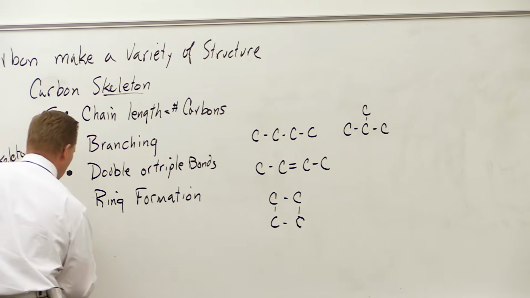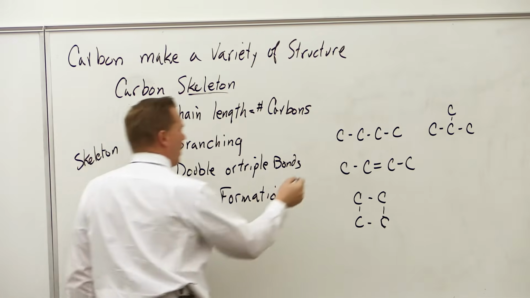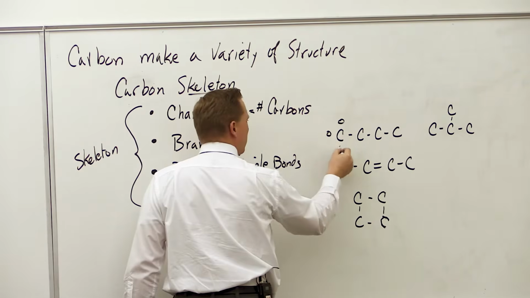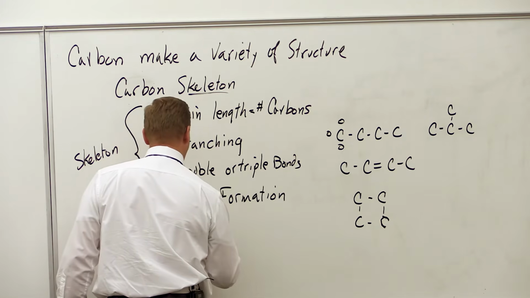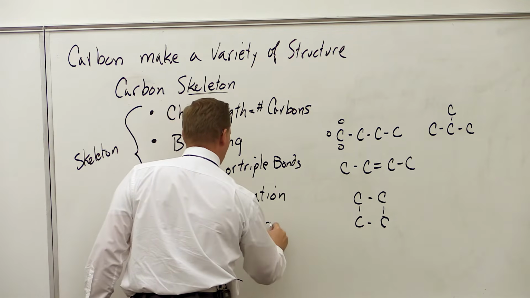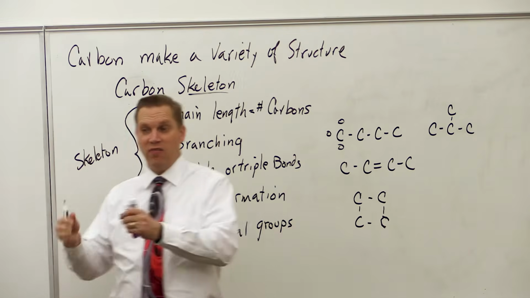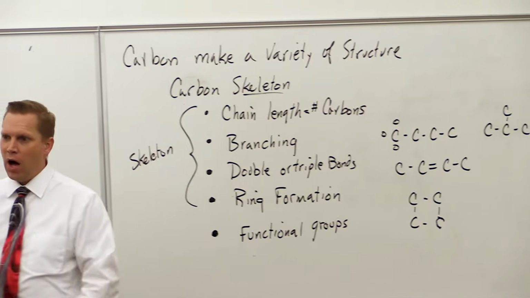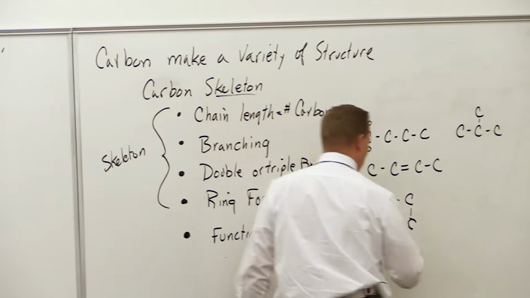A final source of diversity in the carbon framework is, notice I have all these positions that were unfilled, and I can start to attach what we refer to as functional groups. Different atoms or collections, even groups of atoms, onto those, and that can also create a wide degree of diversity.